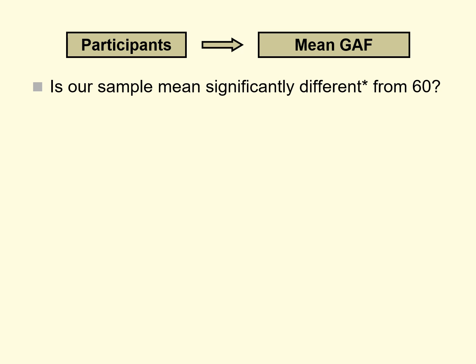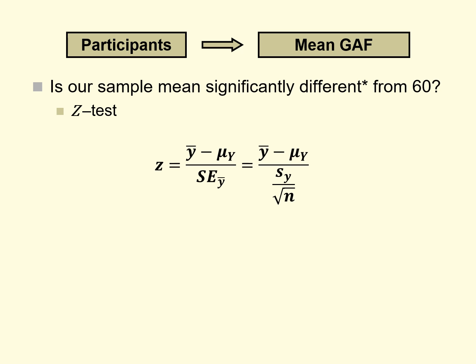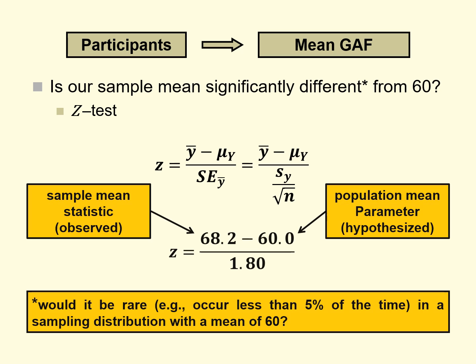our hypothetical value? Now, if you think back to other stats classes you've taken, you probably remember that the z-test is an appropriate test to evaluate this question or to test this hypothesis. So in our example, we could plug in the numbers for our observed sample mean, subtracting from it our hypothetical population mean, and dividing by the standard error of the mean, which we can compute based on the standard deviation of our sample and the sample size, again, because our sample size is pretty big.